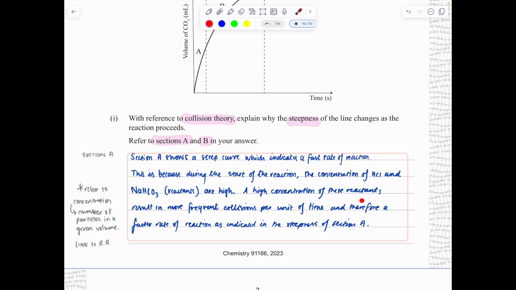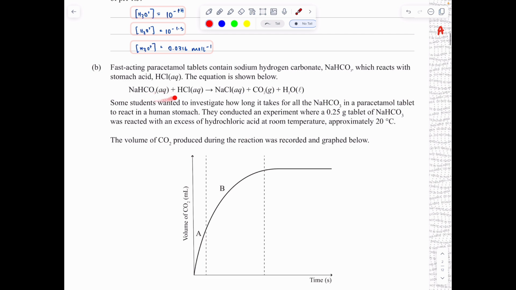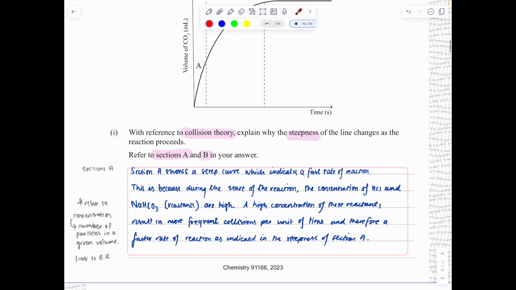A high concentration of these reactants results in more frequent collisions per unit of time. It's important to state per unit of time so that we have a definitive time bound. And therefore, a faster rate of reaction, as indicated by the steepness of section A. So remember, the key thing here is to refer to the context, refer to the actual chemicals in the reaction and the section of the graph, linking steepness of the section to rate of reaction.